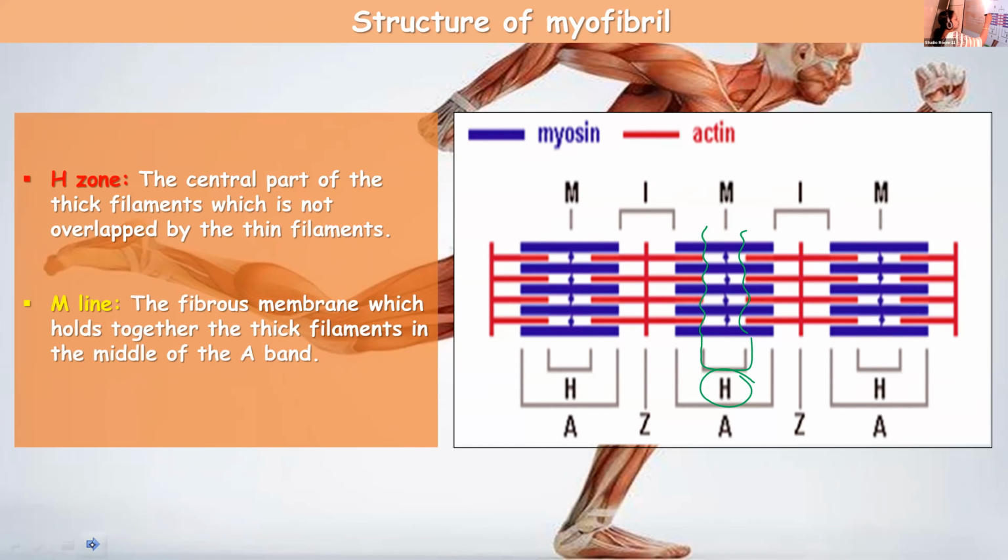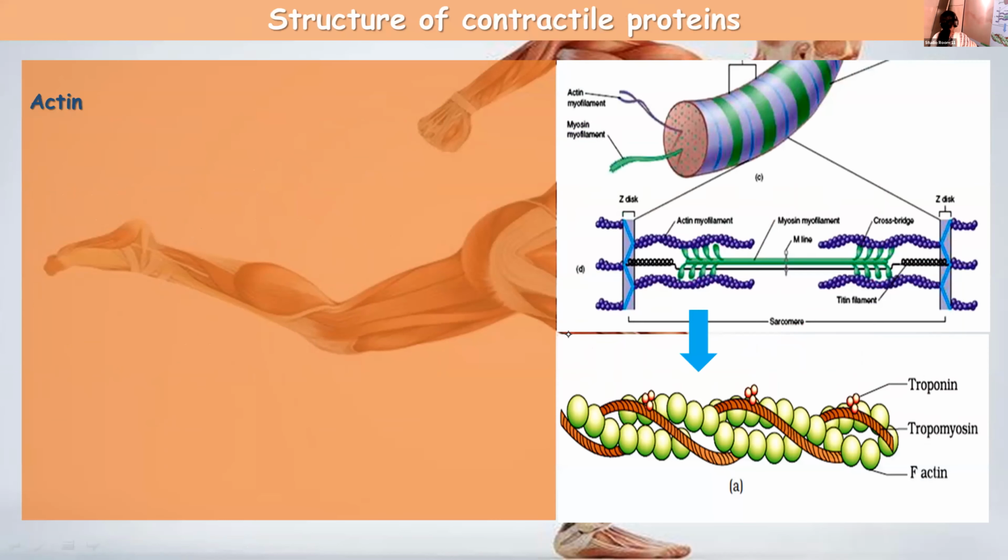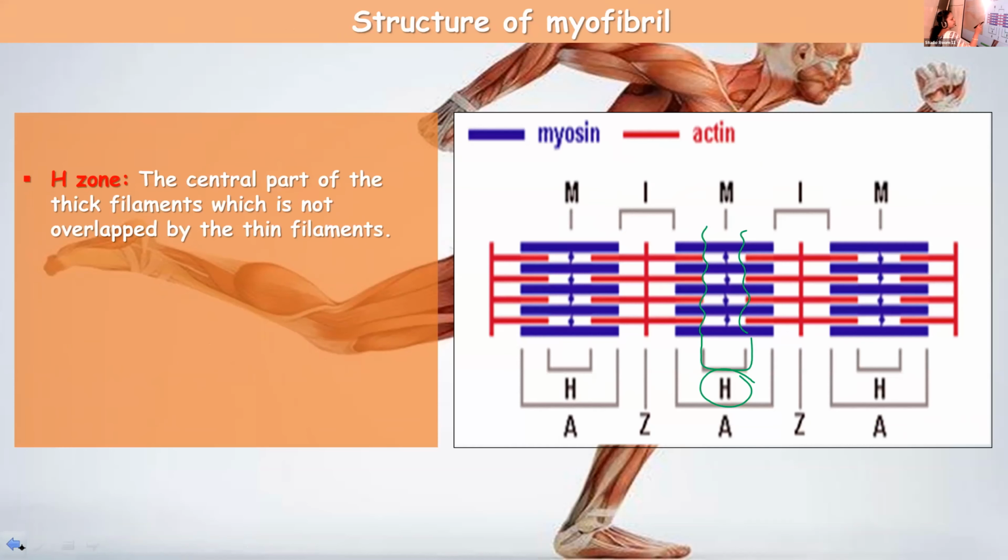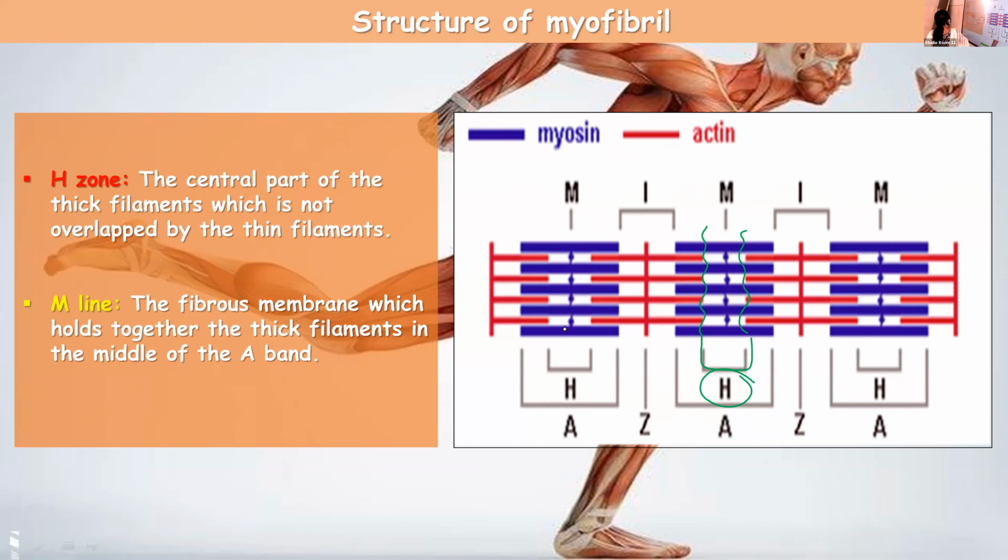So here you can find the M line. The fibrous membrane which holds together the thick filaments in the middle of the A band.